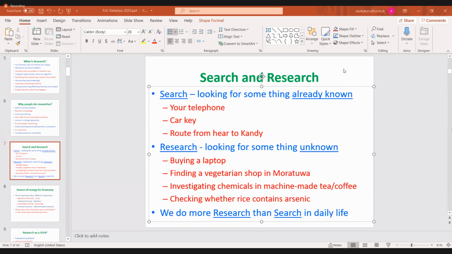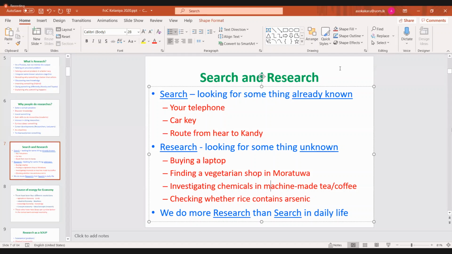No, the only thing we can do is let the person do it. After that, we can check it. Now you have some idea of the difference between search and research. Even when you go to the canteen, in the food court or whatever you call it, if you know the place, you are searching for this and that.